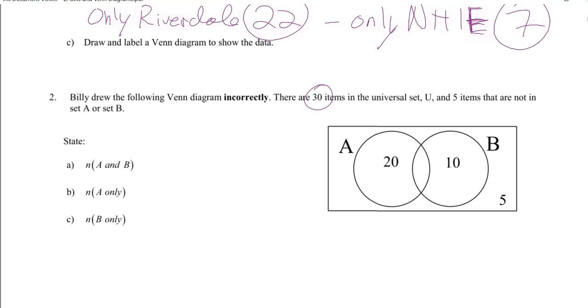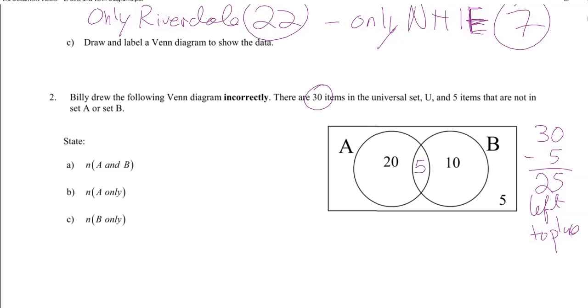Okay? So if there's 5 items here, and there's 30 total, then how many do we have left to place? Okay, so 25 left to place. So assuming there are 20 in the A circle and 10 in the B circle, but I got 25, then how many must be in both?